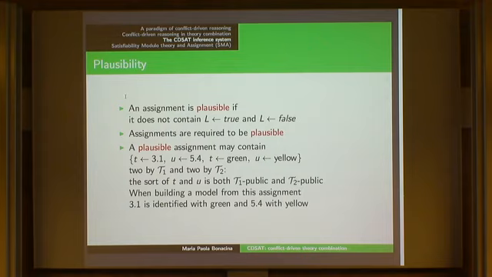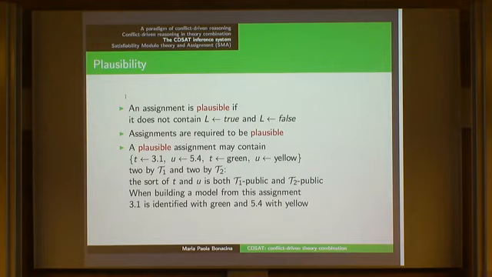A plausible assignment is allowed to contain something like T gets 3.1, U gets 5.4, T gets green, U gets yellow, where obviously the first two assignments are made by one theory and the second two are made by another theory.